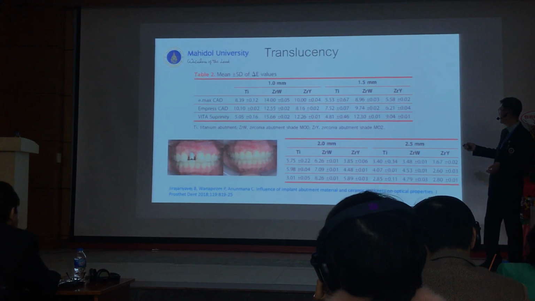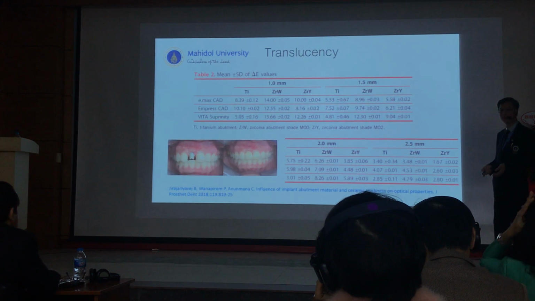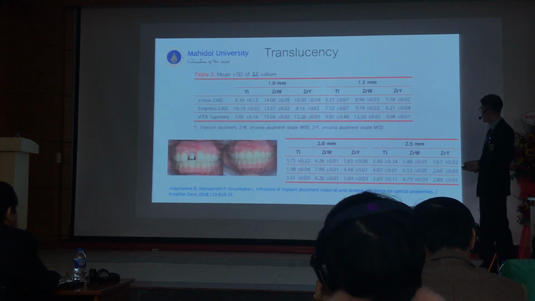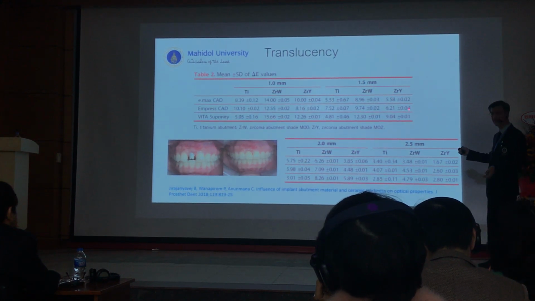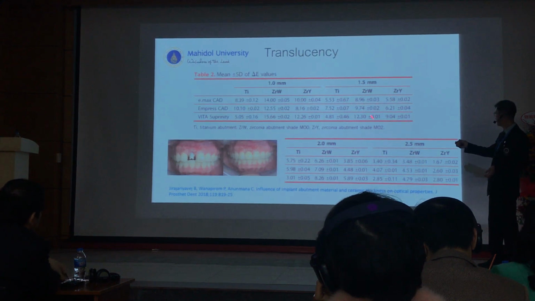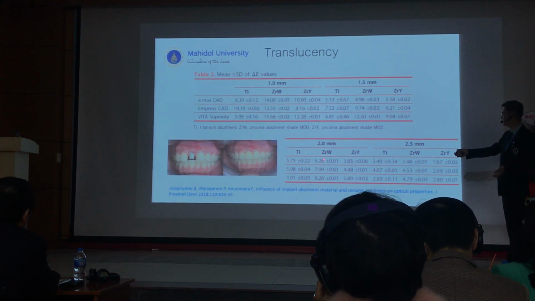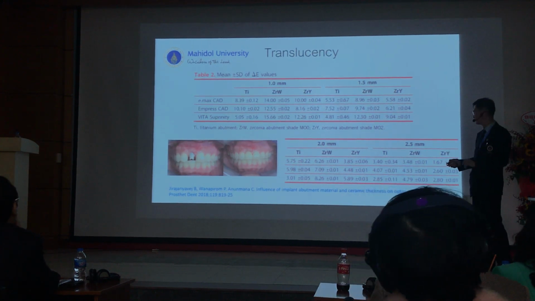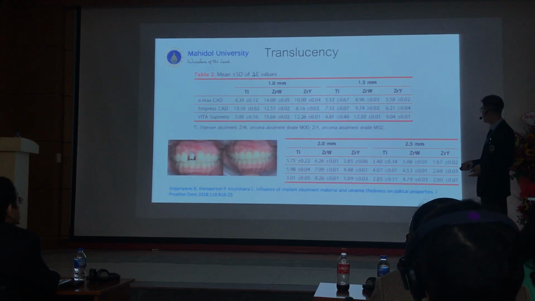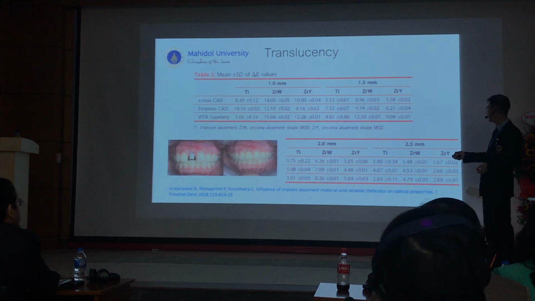So we want a very low number, around 3.5, which means the difference between two colors cannot be detected by your own eyes. We found the best one is the zirconia that is yellow as background. With white, sometimes it's not better than titanium. If you see the numbers, white and titanium are not much different compared to the yellow zirconia.